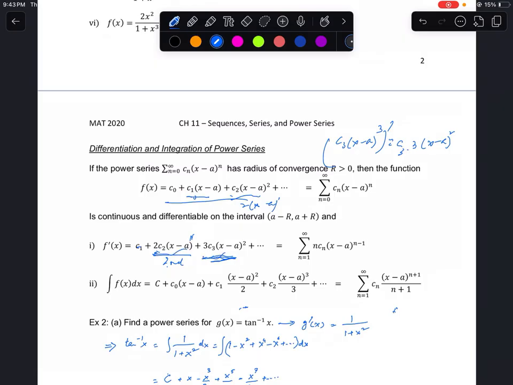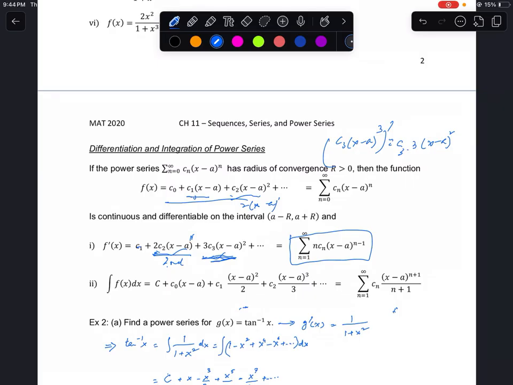So for the third term we have 3c3, but the power on x minus a is 2, which means n minus 1. And so on. So this is the compact or closed form of the derivative.